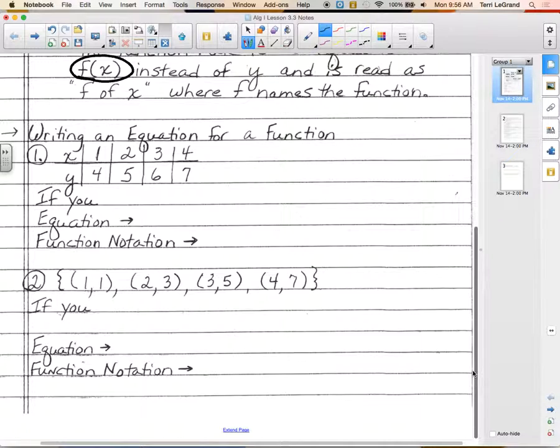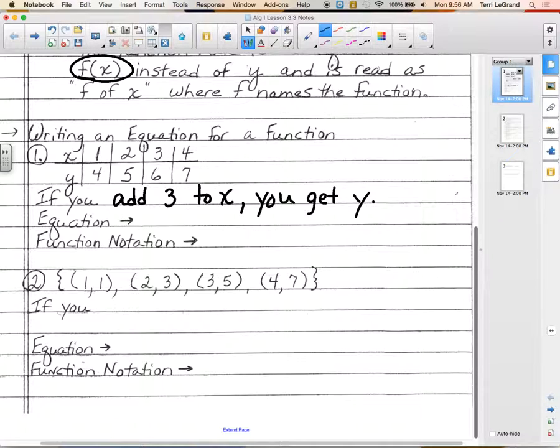y is equal to x plus 3. So every time you add 3 to x, do you get the y value that is associated with it? Yeah. So 1 plus 3 is 4, 2 plus 3 is 5. It works all the way across the table. So if you add 3 to x, you get y.